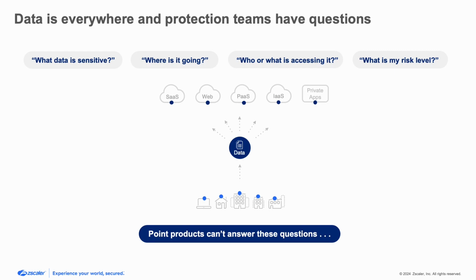This makes those teams struggle with even the simplest questions: what types of data do they have in the public cloud, where is this data stored, who has access to this type of information, and what are the risks associated with my data in the cloud. Even those simplest questions, in the agile manner of the public cloud, are hard to answer.